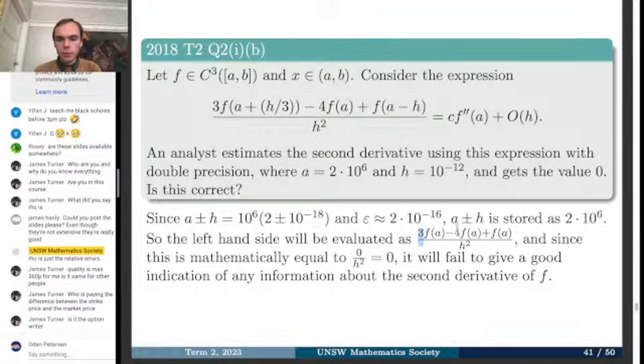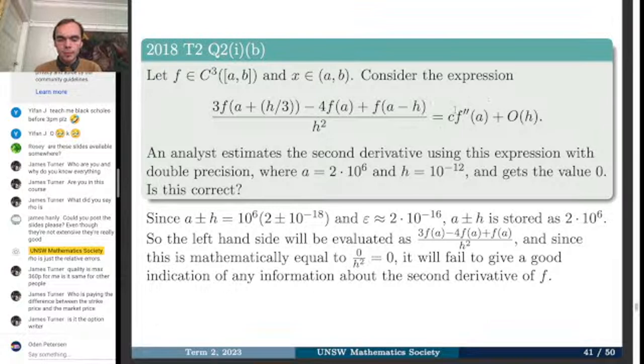And because if you look at these coefficients, 3, minus 4, and 1, they add up to 0, this expression is not actually a very good representation of what this equation is saying analytically.